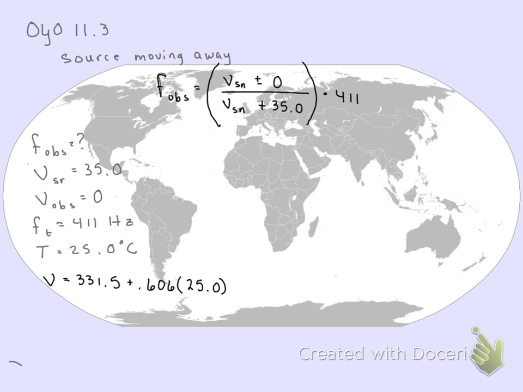with 25.0. So just as a reminder, we first follow the rules for the product, then we follow the rules for addition as far as significant digits go. So the 0.606 has 3 significant digits. Likewise, the 25.0.